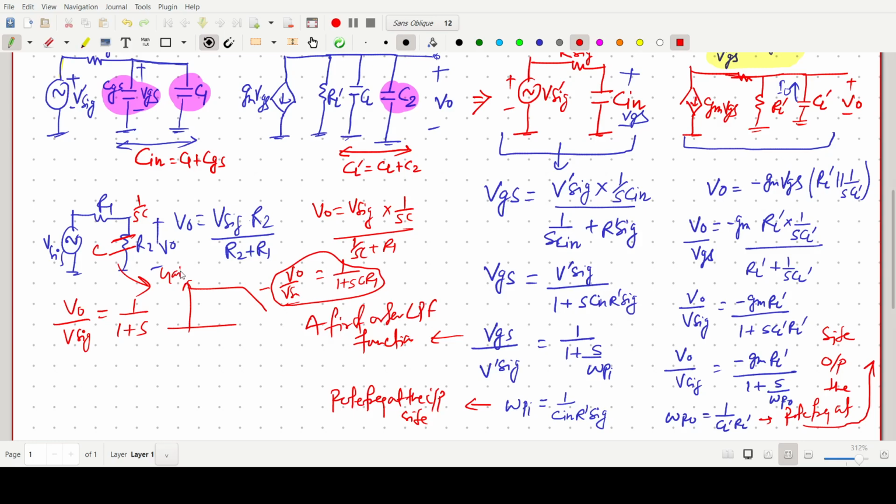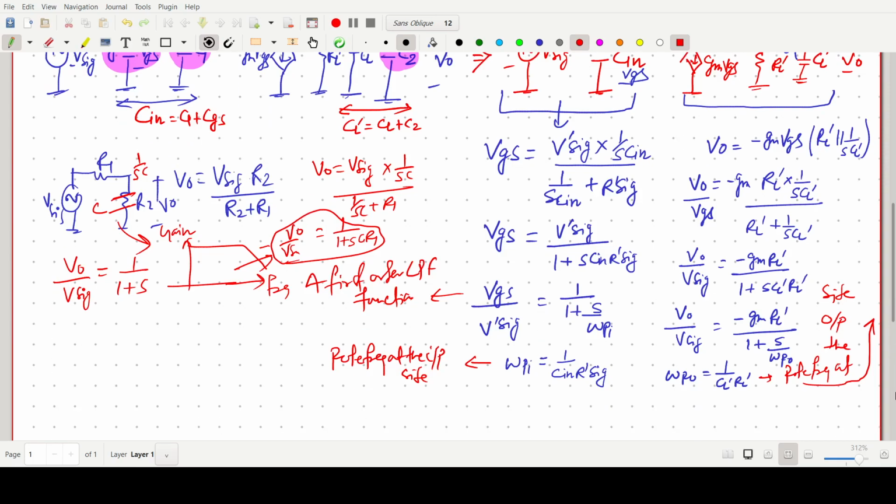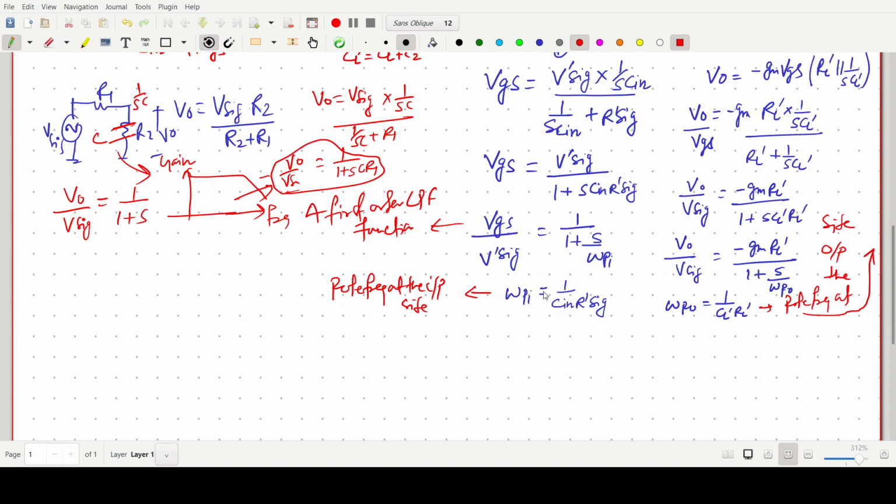This is the gain axis and frequency axis. So for the approximation purpose, if we neglect CL', or even the C2 term, then the frequency limitation is dominated by the interaction of C_in and Rg.